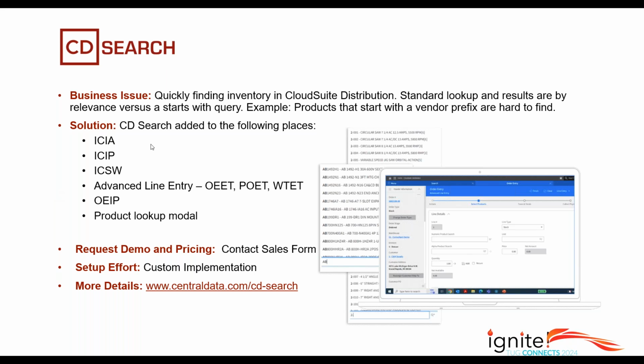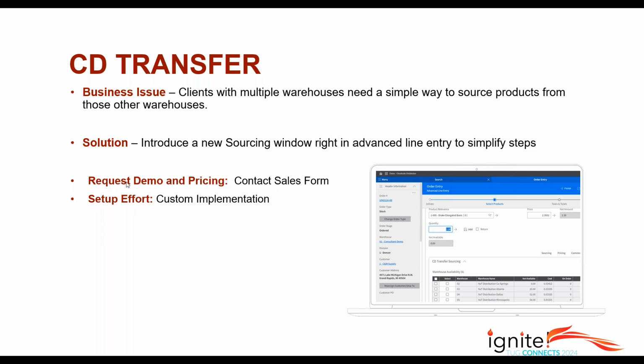All right, moving right along here. Next is CD transfer. So CD transfer was about sourcing to a different warehouse. This is clearly a better way to source from one warehouse to another versus the way you have to do it today.